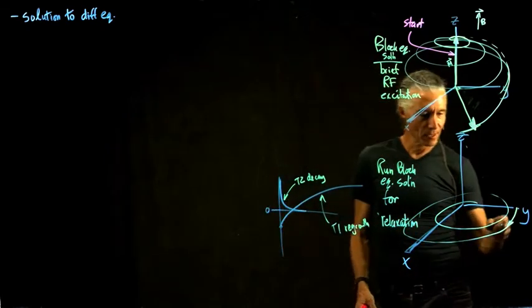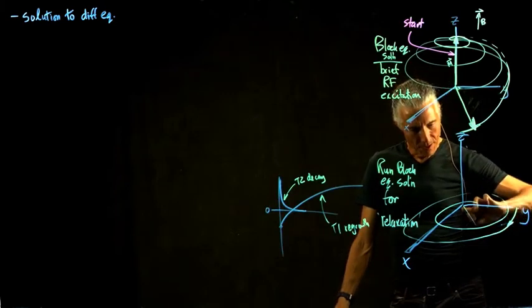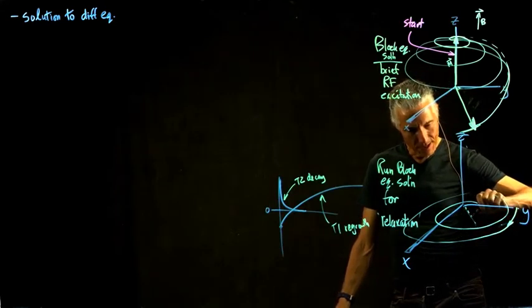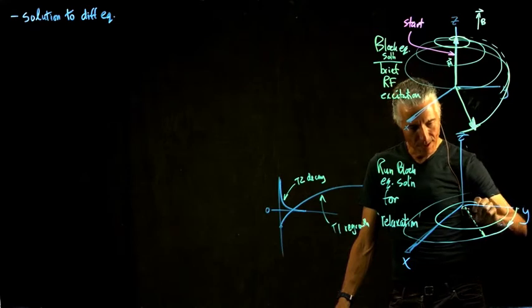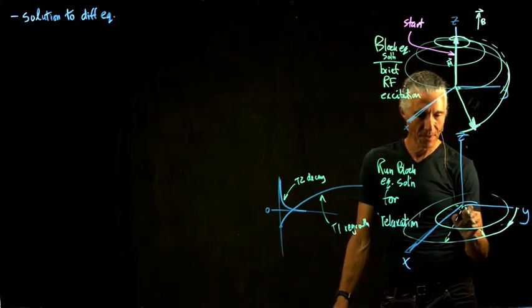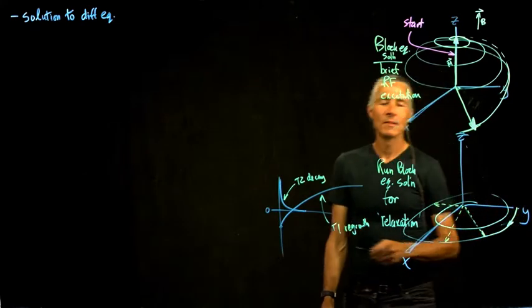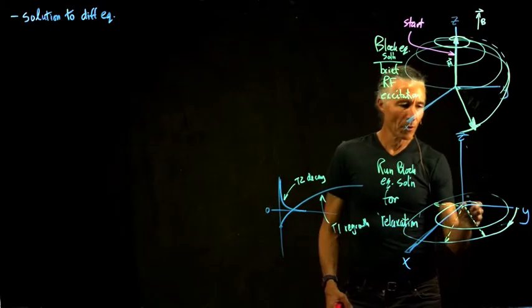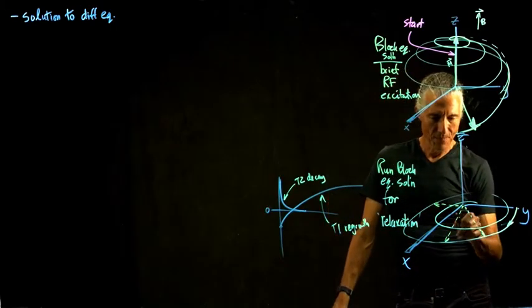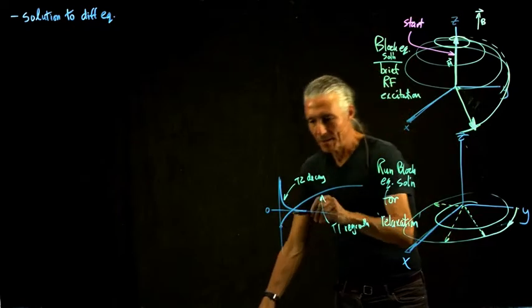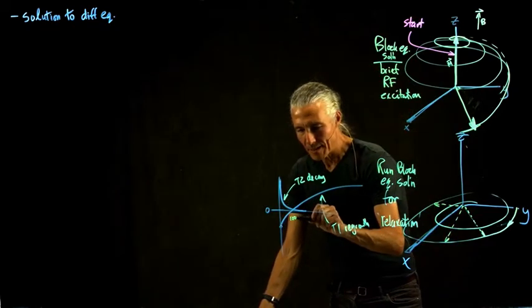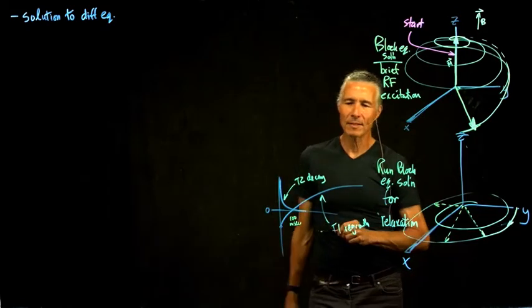So if we plot this vector out at various points in time, here's one point in time, here's a little later point, here's a little later point. That vector is getting shorter and shorter pretty quickly. This is like 100 milliseconds here, which is a tenth of a second.